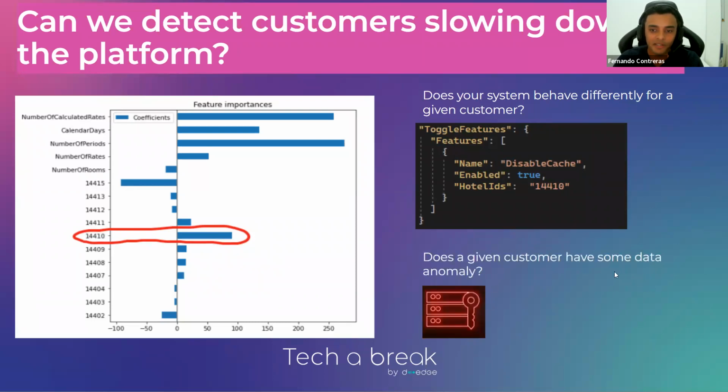Or maybe a given customer presents some data anomaly that needs to be studied and optimized. There are a lot of open questions that this might raise, but it is very interesting because it actually spots the performance problems against target customers.